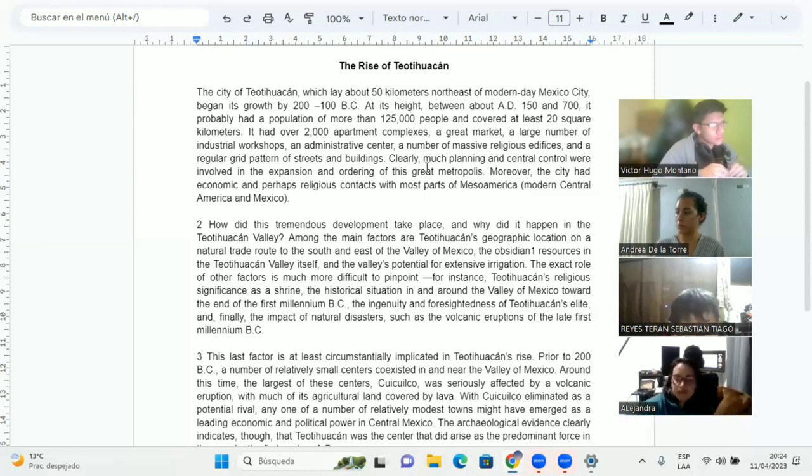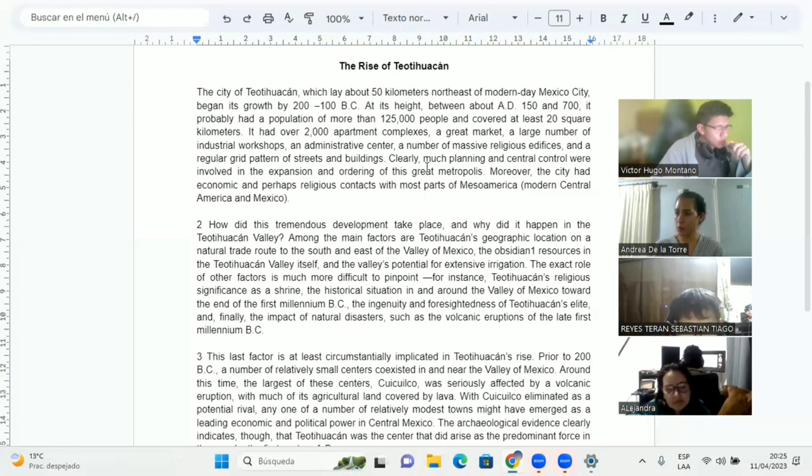So this civilization lived in a valley, and the name of the valley was Teotihuacan, the same as the civilization. And it talks that this civilization was rich. They had good, how can I say, constructions, and the economy, talking about the economic ways of this civilization, was good because of obsidian and that.